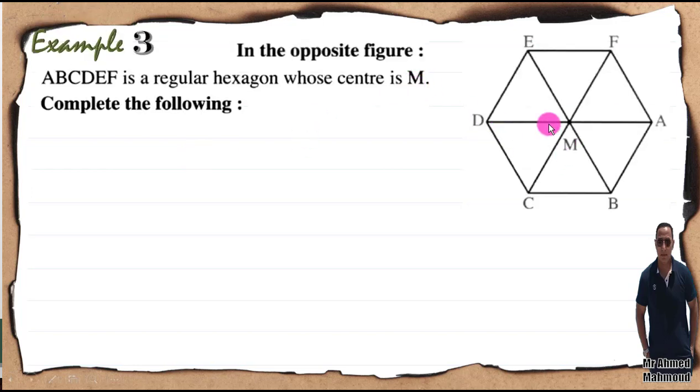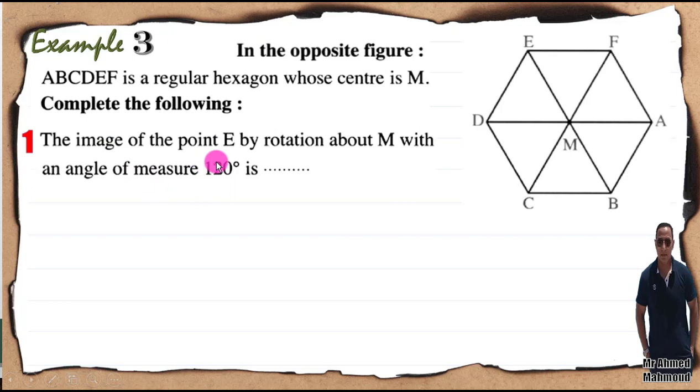Here we have ABCDEF, a regular hexagon. Number 1, the image of the point E by rotation about M with 120 degrees.